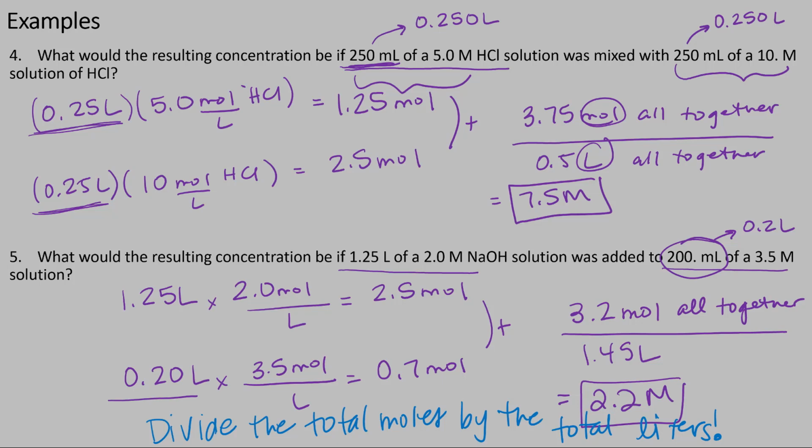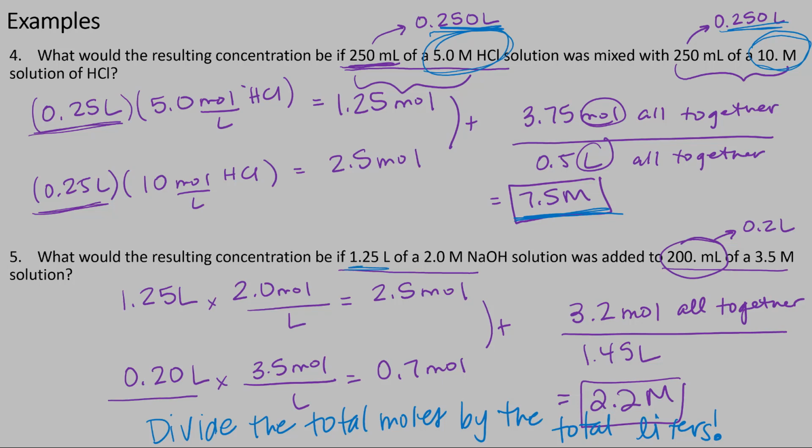All right, and one thing I want to point out before we're finished here, because we're almost done, is I have 7.5 molar of my resulting solution here, whereas I started with 10 up here and I started with 5 up here. And 7.5 is right between 5 and 10 because we had equal amounts of both of those solutions, so it only makes sense that it would find the average there.